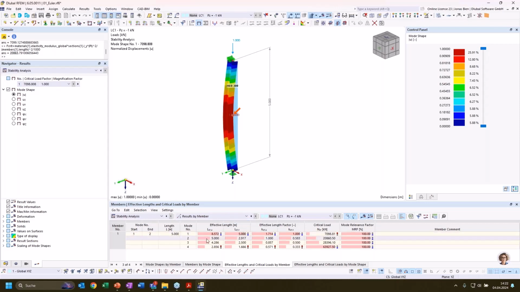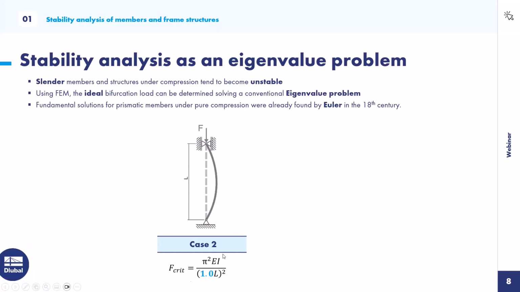Now we have for the first mode shape two effective lengths, for both axes. And I want to explain what is done in the background. It's nothing else than taking the critical load formula from Euler for case number 2 and recomposing it, or evaluating it for L, with beta being the buckling length coefficient and beta times the system length being L critical, so the critical buckling length.